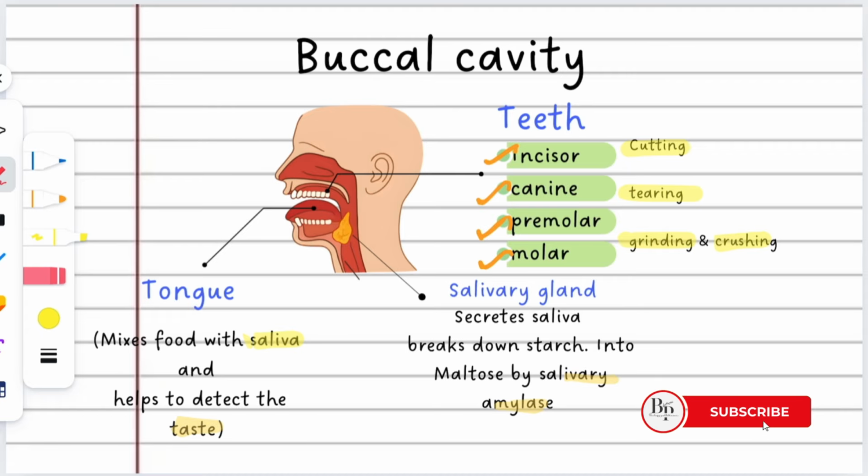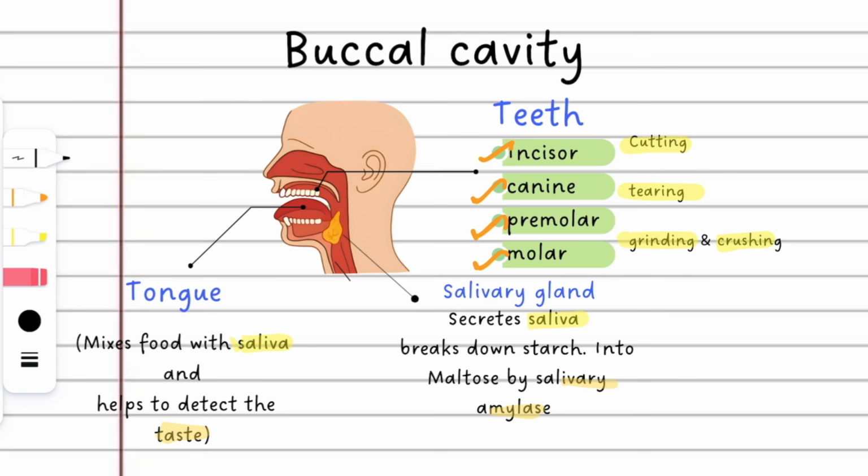So the tongue plays an important role to detect the taste, right. The slippery substance by which the broken food is mixed is termed saliva, and saliva is secreted from the salivary gland. But why do we need to mix the food with saliva?